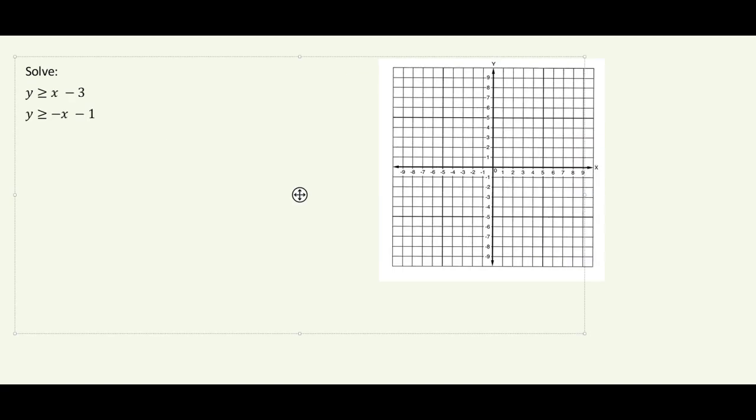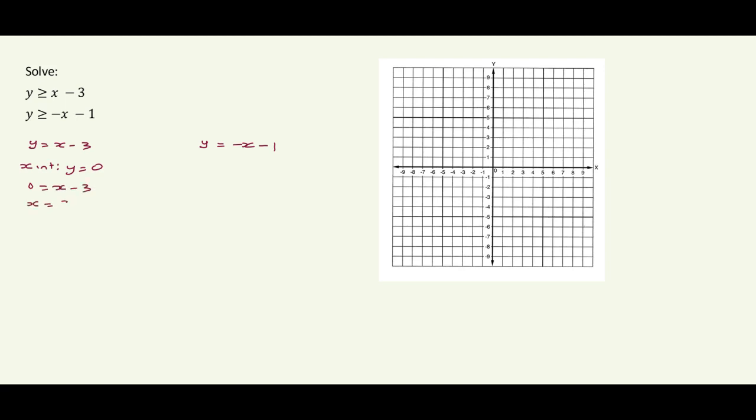Next, we have these equations here. We have y greater than x minus 3. So we always start with y equals x minus 3. And then on this side, we have y equals negative x minus 1. So we look for the x-intercept, y equals 0. At the x-intercept, y equals 0, that means that 0 is x minus 3.